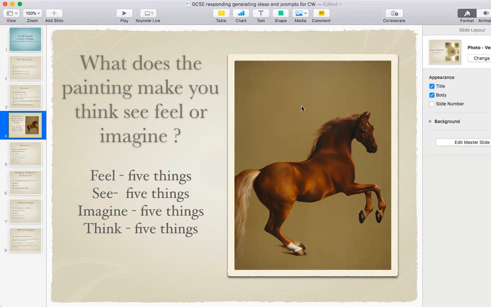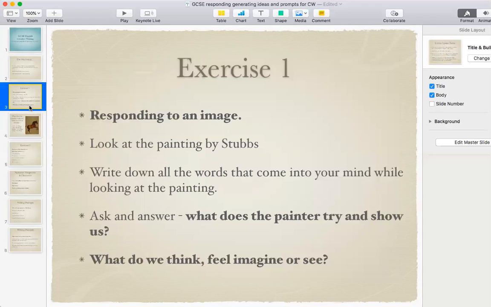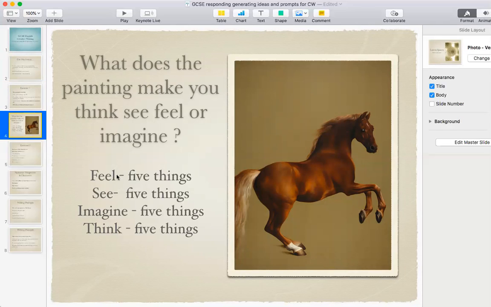I'm going to do an after video where you can think about the things that you came up with. Then, when you've come up with what you think the painter is trying to show us, I want you to think about what the painter is trying to make us feel, see, imagine, or think. Or what do you feel, see, imagine, or think?